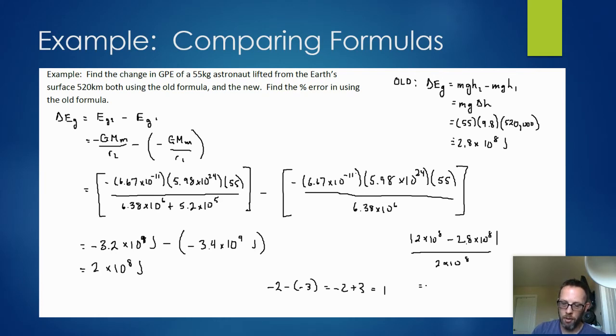So 2 times 10 to the 8, actually I think we can just divide it by 10. So 2 minus 2.8 divided by 2. With the absolute values, thinking in terms of a positive sense, you get about 40%.